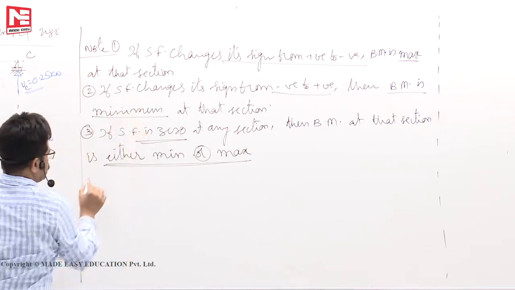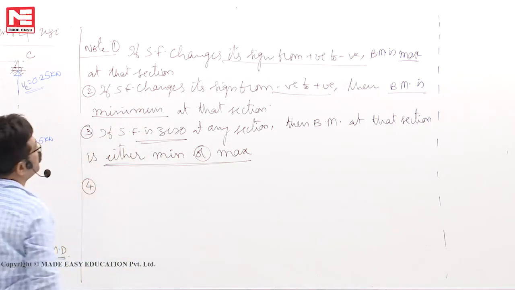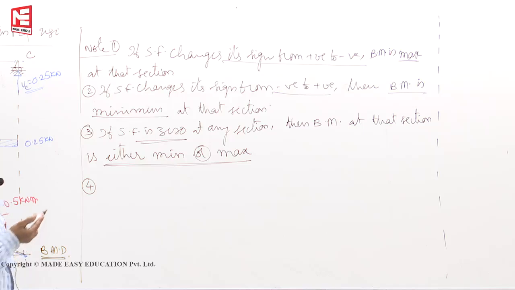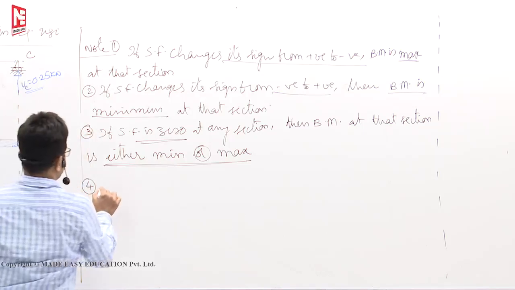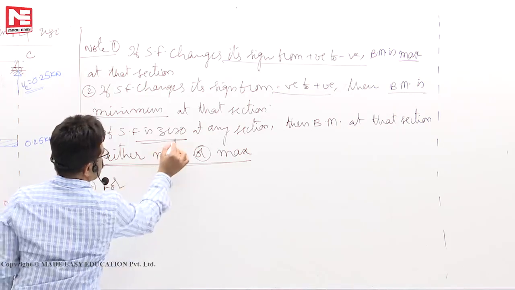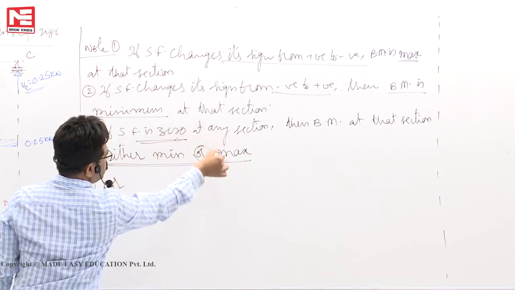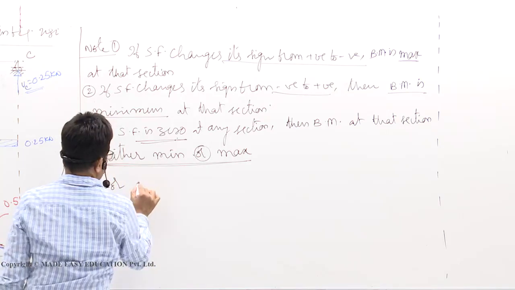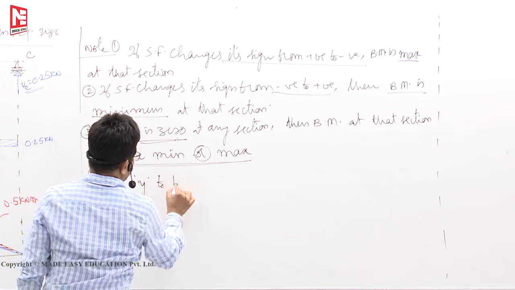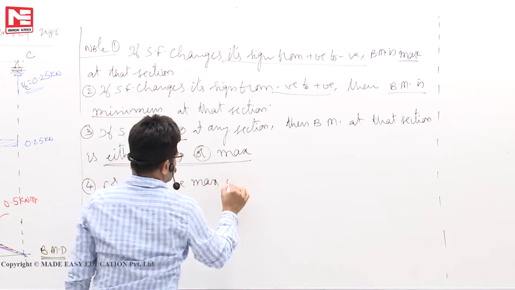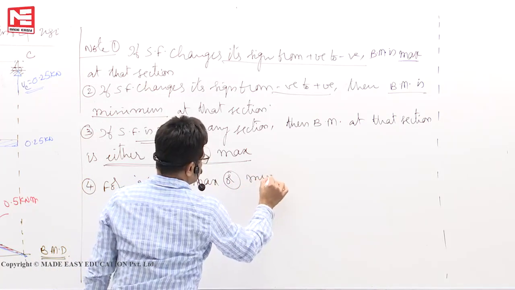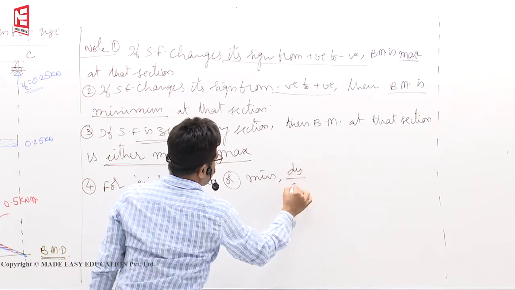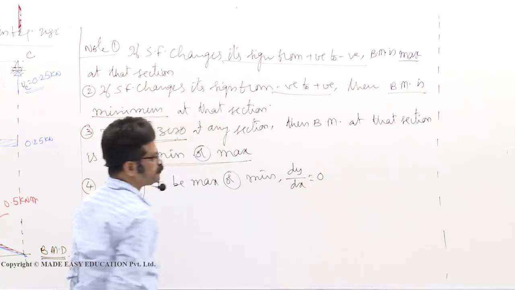Now, why is it like this? Not only for shear force and bending moment curves, it is the case for any mathematical curve. See here, this is what you have studied: for y to be maximum or minimum, dy by dx must be 0.